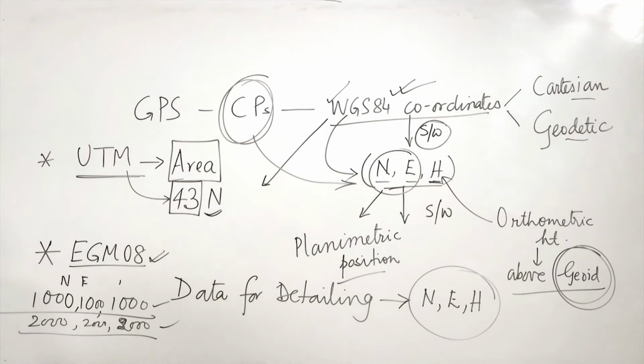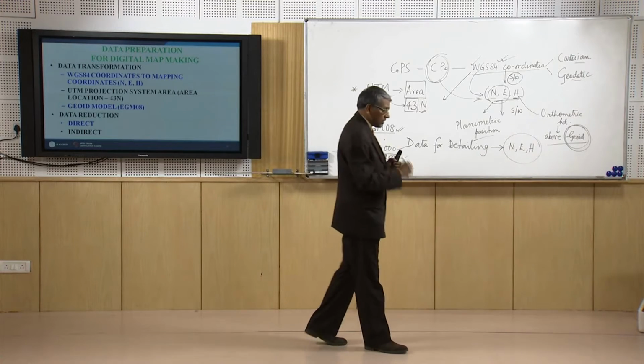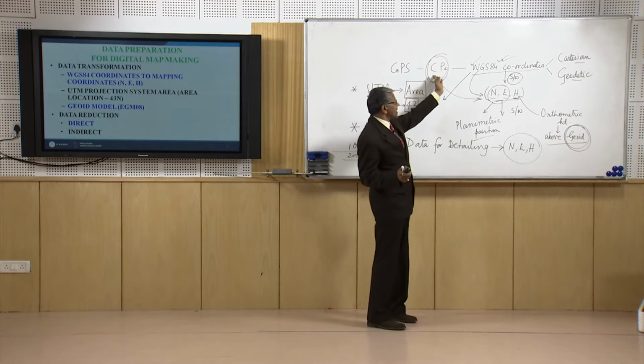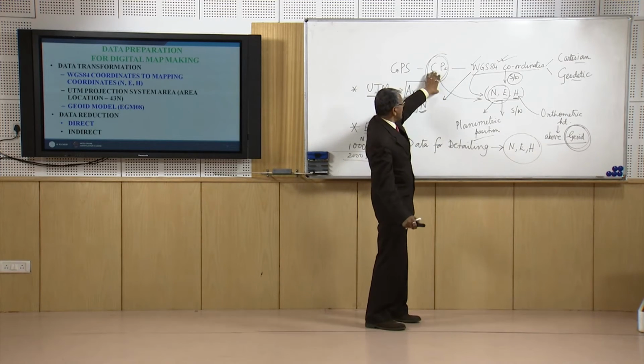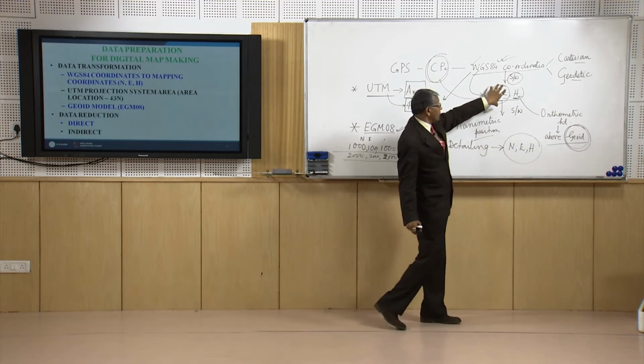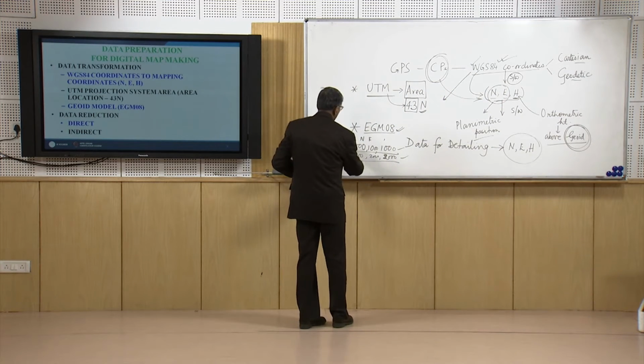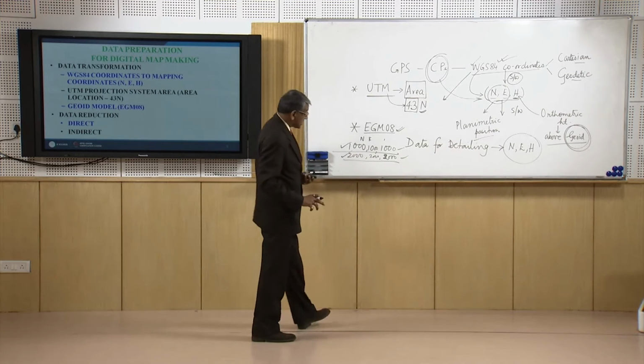Now, once the work is over, coming back to the office, then after processing the GPS data, we will have this northeast height corresponding to each of these control stations.